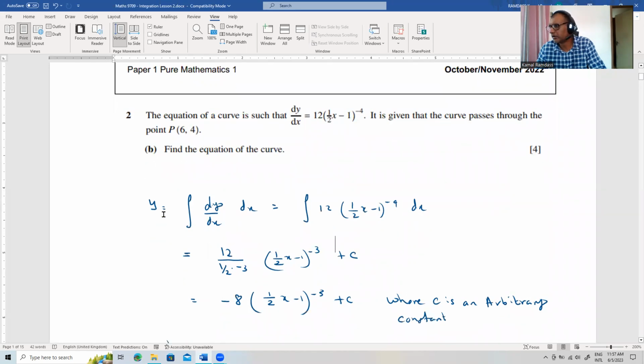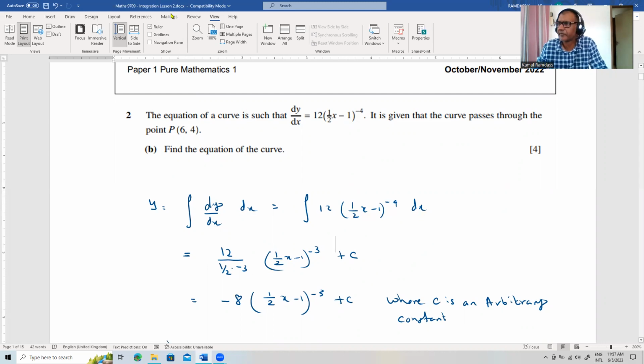Bon, là, nous connaissons que y, c'est intégration de dy by dx with respect to x. Intégration de 12, in brackets, half x minus 1 to the power of minus 4 dx, qui est égal à.